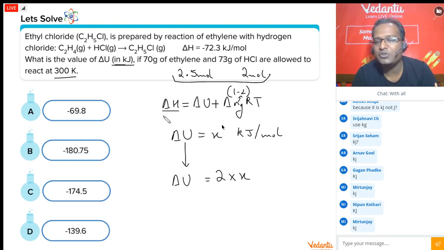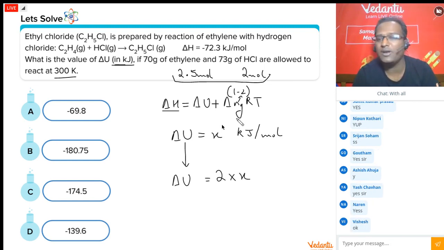So delta H has to be converted to joules first, or delta Ng RT has to be converted to kilojoule by dividing it by 1000. But somewhere you have to do it, either in delta H or in delta Ng RT. Is this point very, very clear? These are small traps that you should be aware of while solving problems. Otherwise, you'll always be like, I solved it, but the answer is not coming.